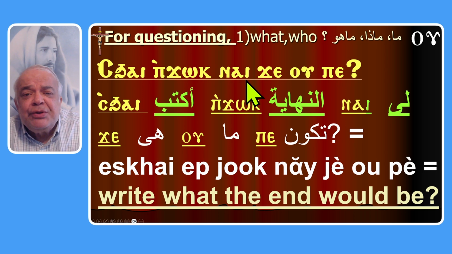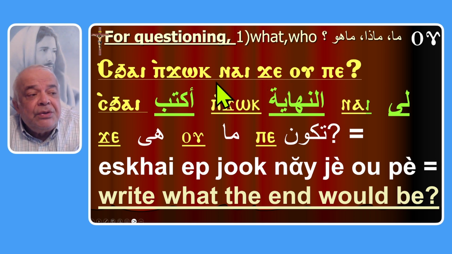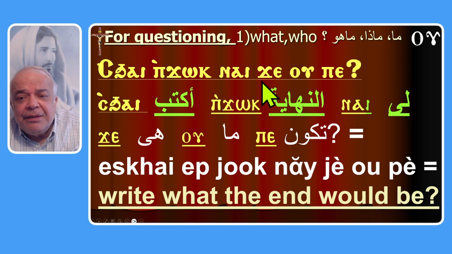Iota is a personal pronoun for the speaker, for the person who is talking, the first person. In grammar we say first person is the speaker person. So nei alpha iota means to me. Whether it is prepared now or in the future, it is prepared for me. So write the end of that story or book for me.